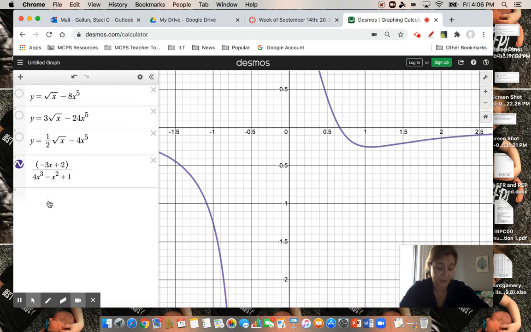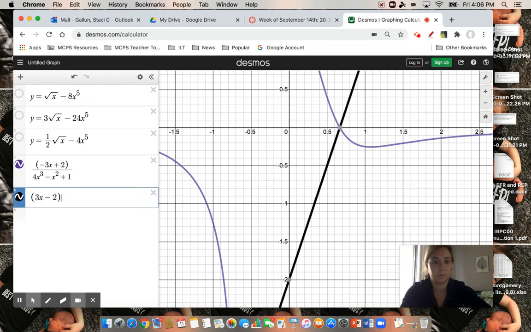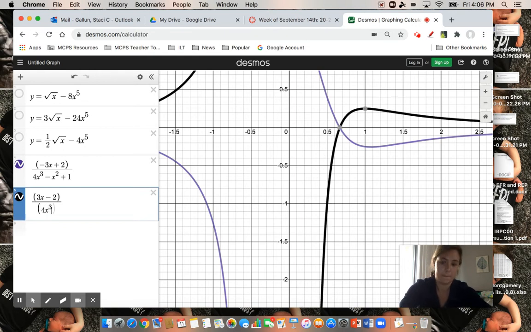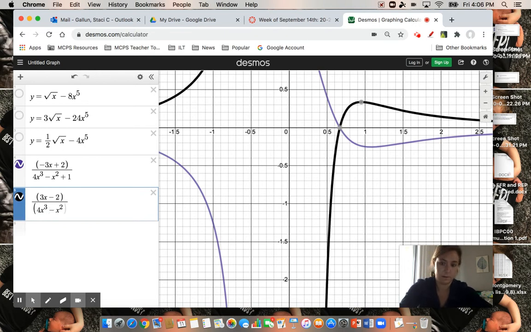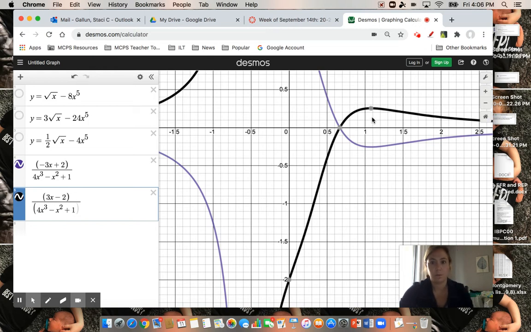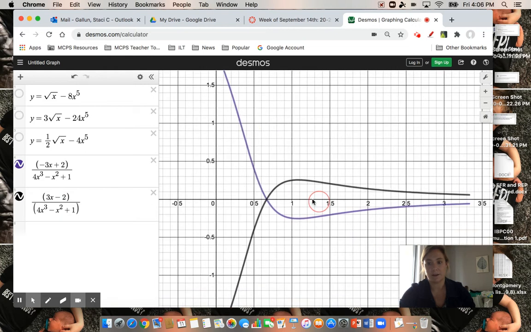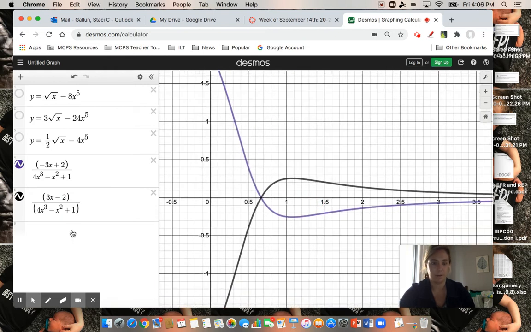And then when we reflected it over the first axis, oh goodness, I got messy in my writing. 3x minus 2 divided by 4x to the third minus x squared plus 1. Ooh. That was a reflection over the x-axis, right? I can see that. That's pretty cool.